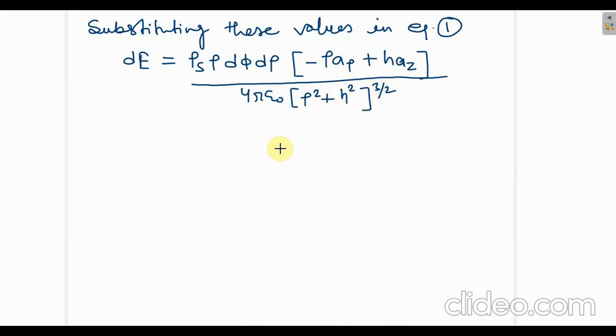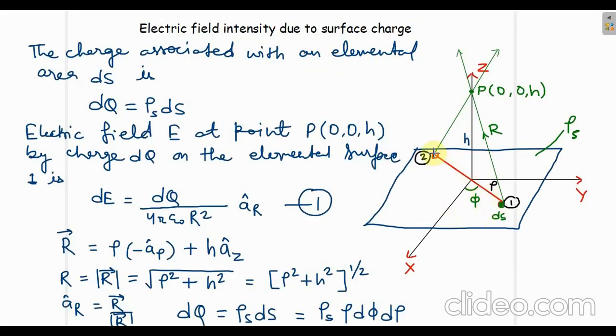Now due to symmetry of the charge distribution, for every element 1 there is a corresponding element 2. If this vector is rotated through all 360 degrees, then if there is any charge distribution at 1, obviously another equal and opposite charge distribution will be there.